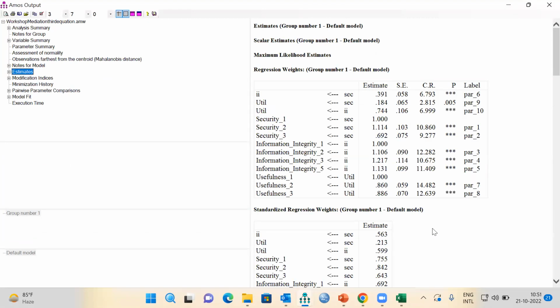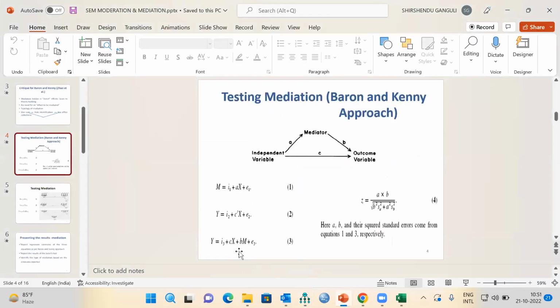Are both of them significant? Both B and the direct path? Security to information integrity and security to utility or usefulness. Are both of them significant? Both C and B?